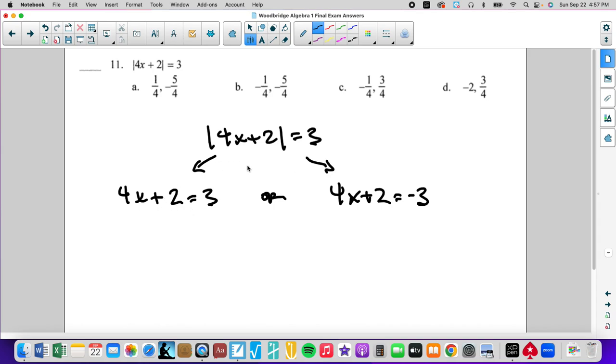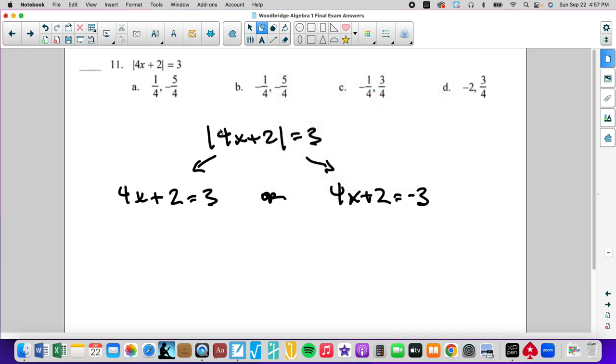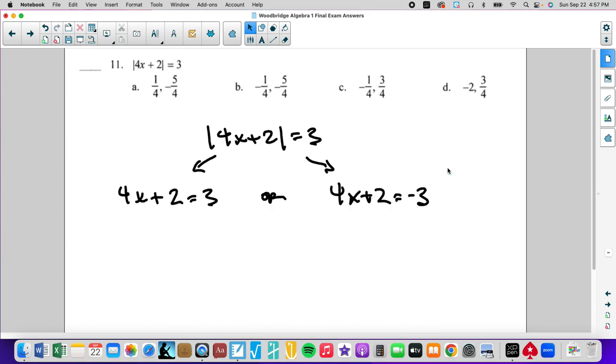You understand that? So if this simplifies to 3, so we kind of don't see it anymore. If this is 3 inside the box, the absolute value of 3 is 3. And if this equals negative 3, meaning if there's a negative 3 here, that still produces that. So that's why we do that. That's understanding absolute values and why we write two statements.